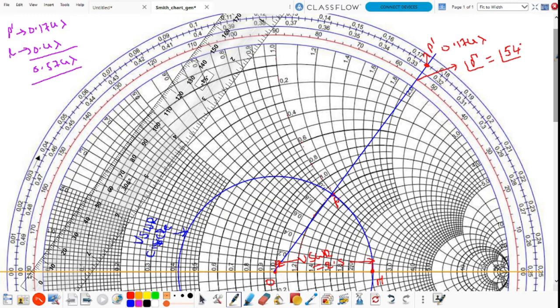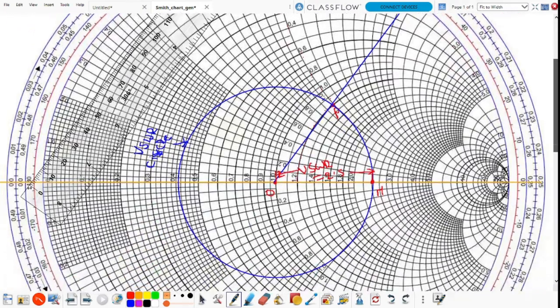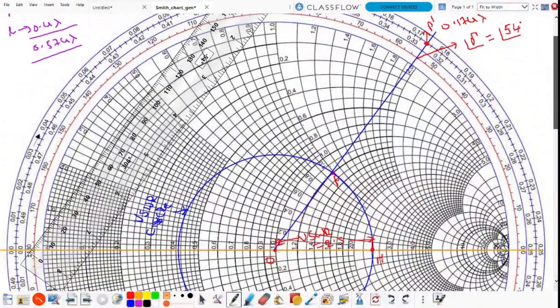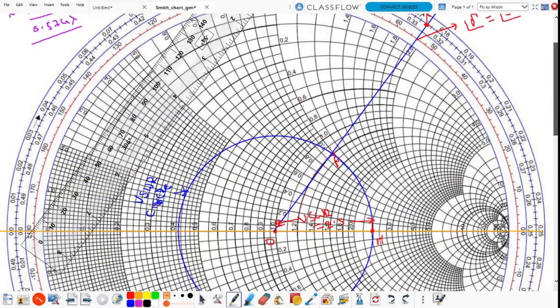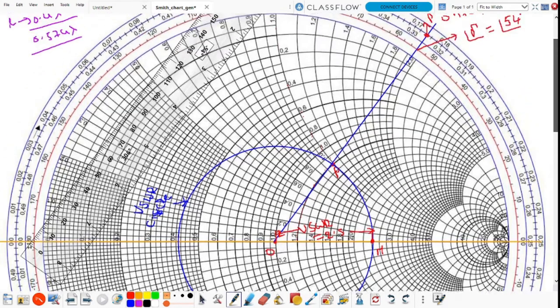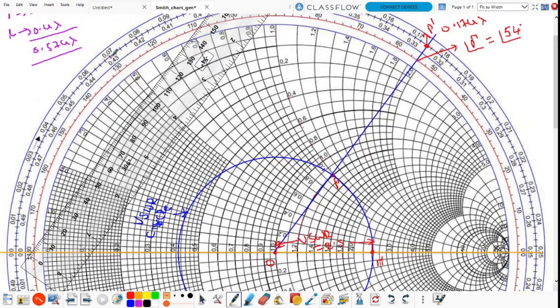On the outer rim circle of the Smith chart, identify 0.574 lambda, and this is 0.48, 0.49, and this is 0.5. 0.5 plus 0.074, so 0.074 approximately.